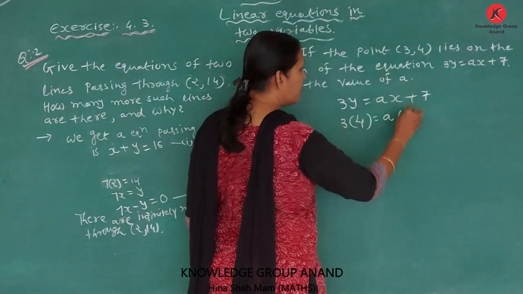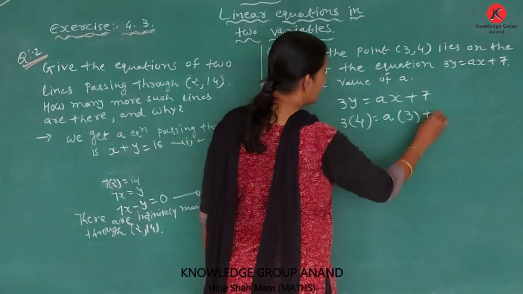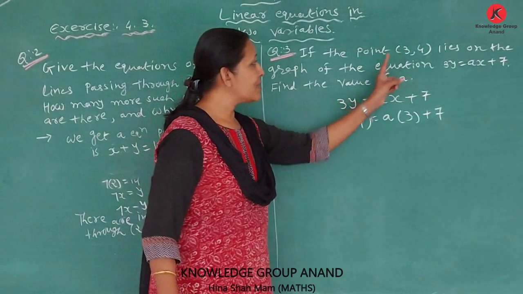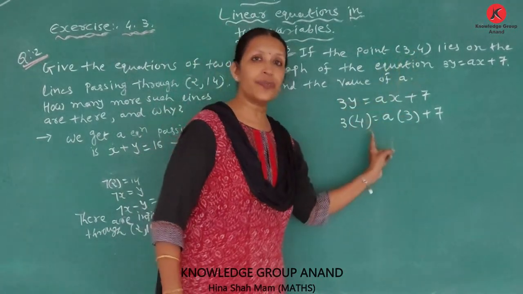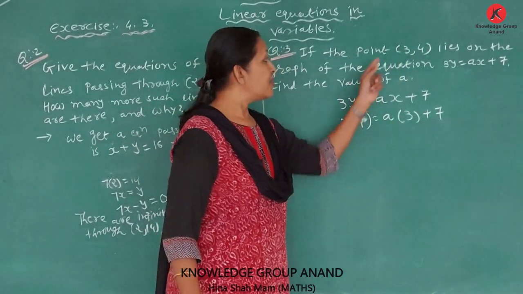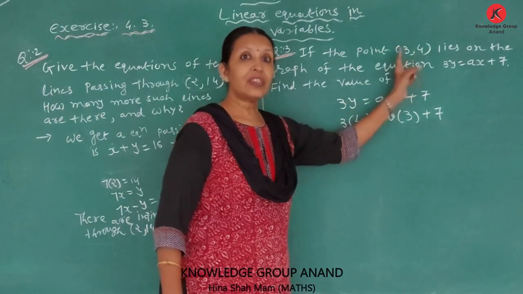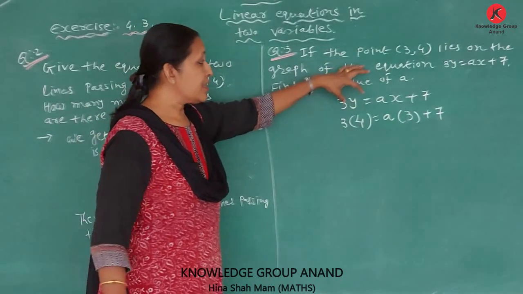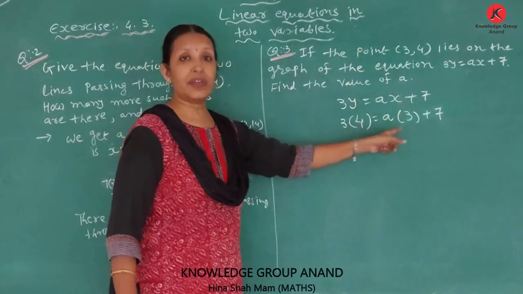We put x is equal to 3 and y is equal to 4 in this equation. Since the point lies on the graph of this equation, it is satisfied, it is a solution of this equation.